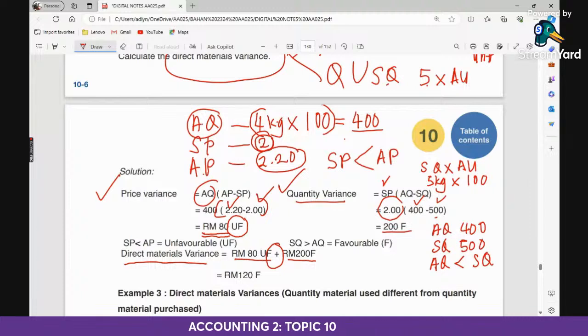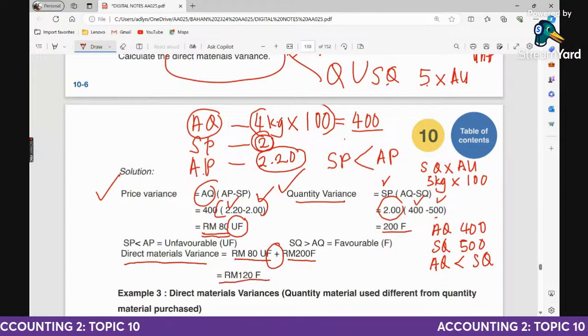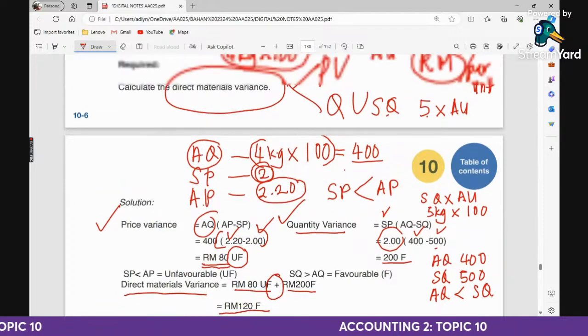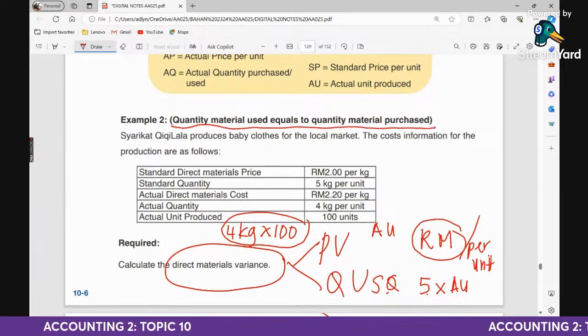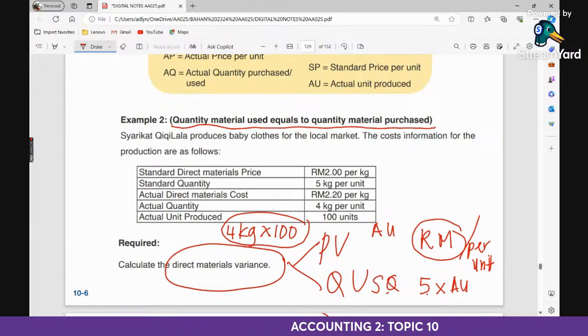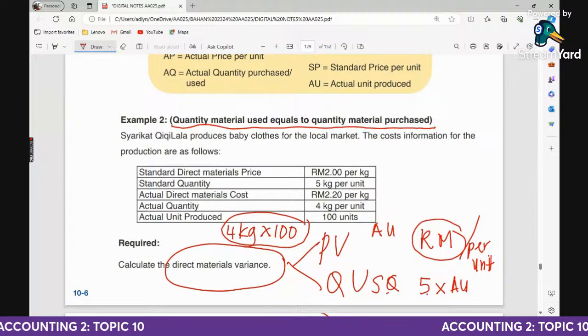Favorable lebih besar kan? So dia ialah 120 favorable. Okay, yang ini adalah situasi di mana your quantity use is equals to your quantity purchase. Maksudnya saya beli banyak tu dan saya guna semua. So my SQ dengan AQ sama. Tak ada beza.